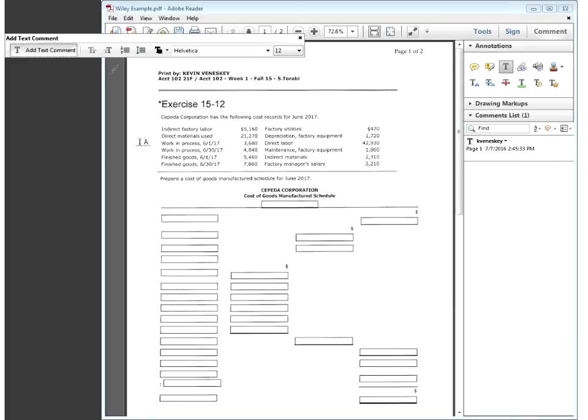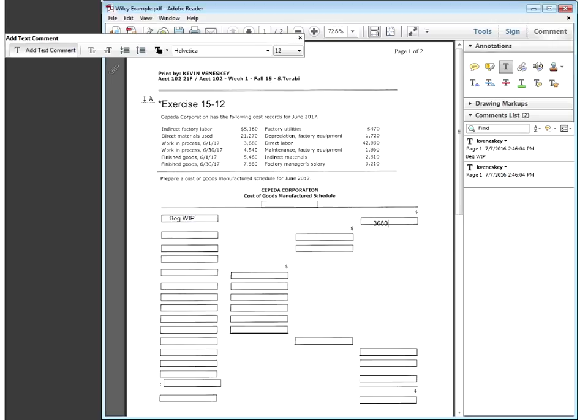Okay, our first thing that we want to do is our first blank here would be our beginning work in progress. Beginning work in progress. Remember, that was our first item from the last sheet that we just did. In our beginning work in progress, it does tell us what that is. Here it shows 3680.